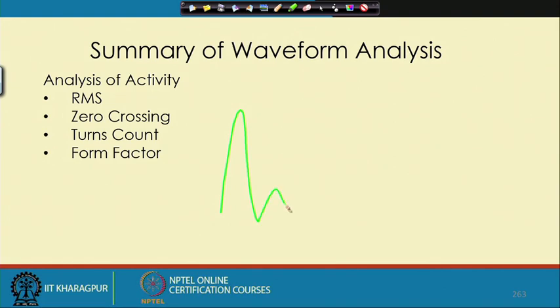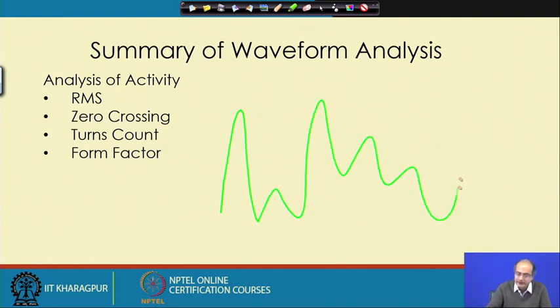The advantage of the turns count is that zero crossing was affected by the DC baseline. If we think of an arbitrary variation of the signal, whatever baseline we take may determine how many crossings are happening.